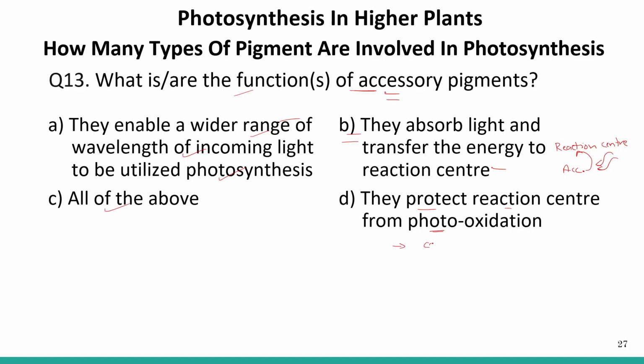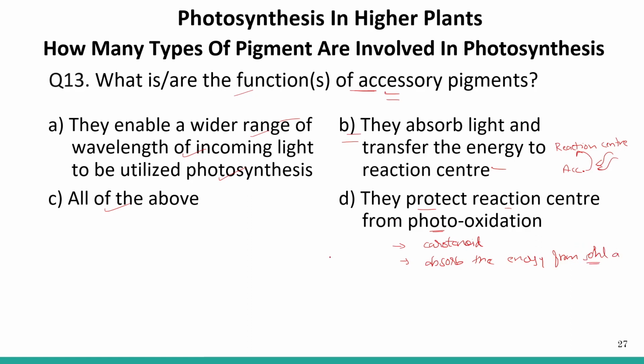So what happens? Some accessory pigments like carotenoids, instead of transferring energy, absorb the energy from chlorophyll a, which is the reaction center.